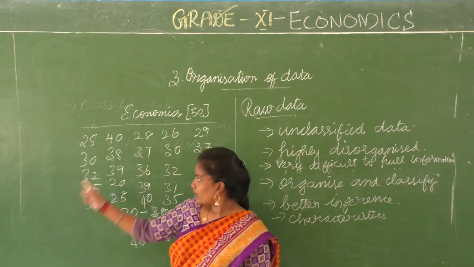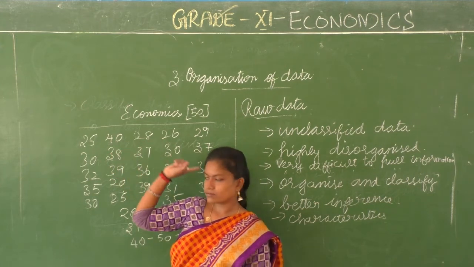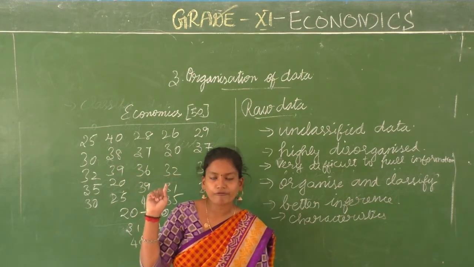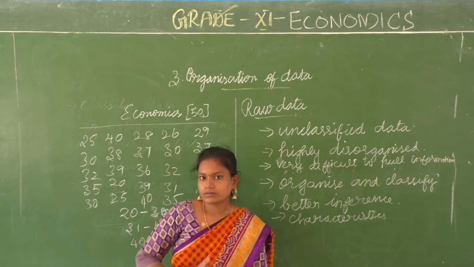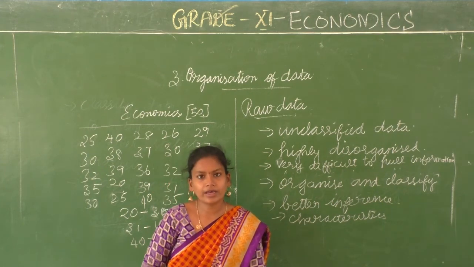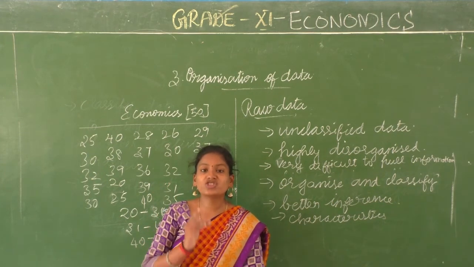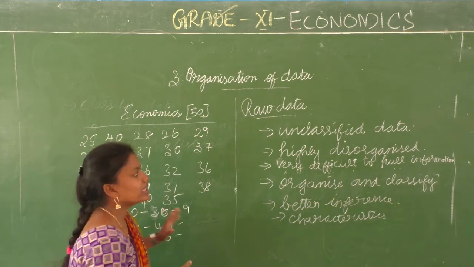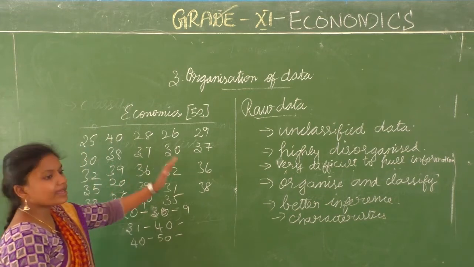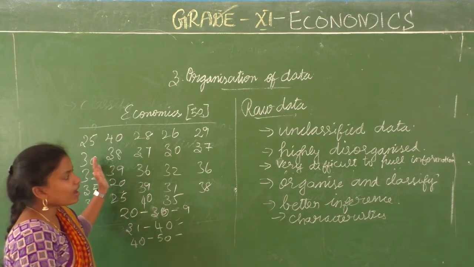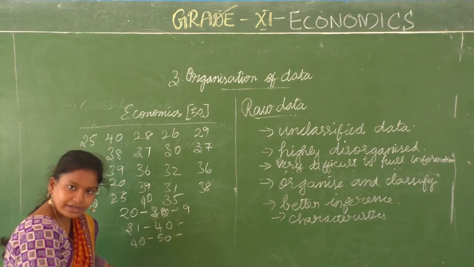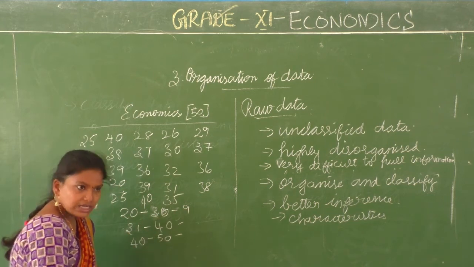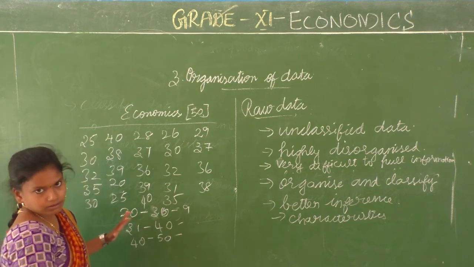Okay, what are these things called, children? Already we have discussed this somewhere. Variables, right? Variables means it changes, it varies. And what are the varying things here? Marks of different people are different. It varies, that is why it is called a variable.